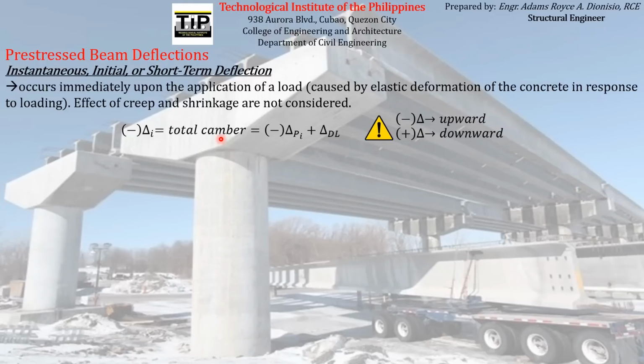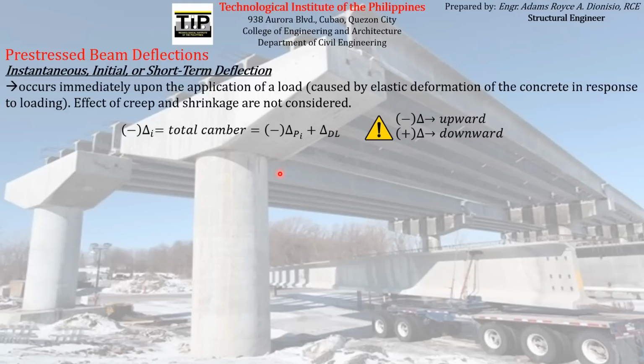The total camber is not only dependent on the deflection due to the prestressing force alone, but it also depends on the deflection due to the self-weight of the member. Because we can imagine that as the beam deflects upward, the self-weight of the beam will tend to bend the beam downward with a magnitude equal to this.